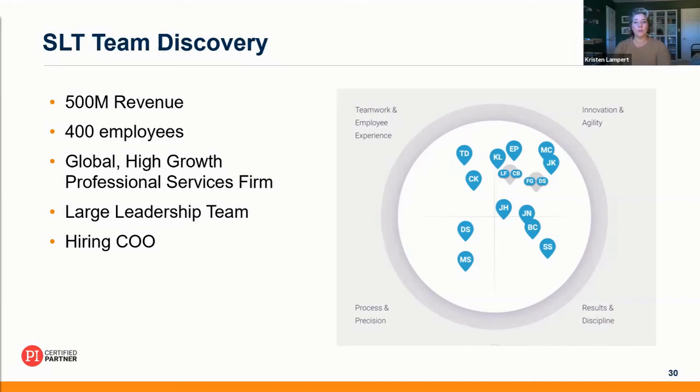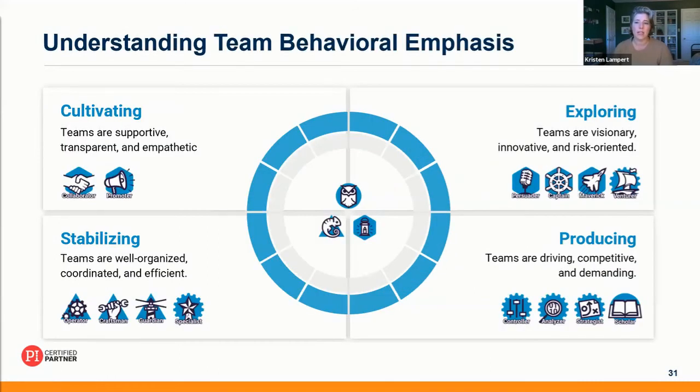So what we did is we used the Predictive Index design features to be able to design appropriately, not only for how to think about this team and how it operates, but also how to hire the right talent into that team. And so when you look at these 4 quadrants, I just want to take a step back and help you understand that what we're looking at is understanding team behaviors in 4 major lenses.